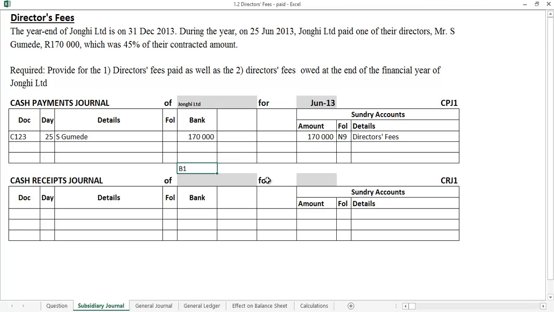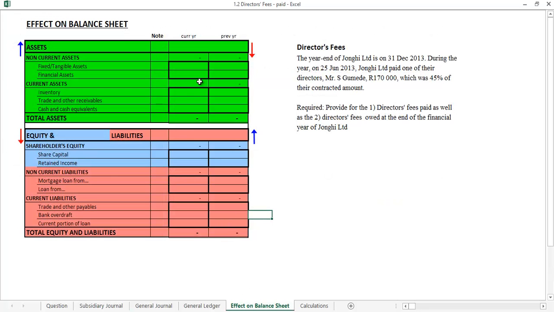Then the last thing that we're going to do is quickly do the effect on our balance sheet. So let's have a look here. And what is being affected here? My assets, my equity, or my liabilities. Well, we paid money, so my assets, specifically cash, is going to decrease. So we can say minus 170,000. Okay, there we go. Then what's the other part affected?